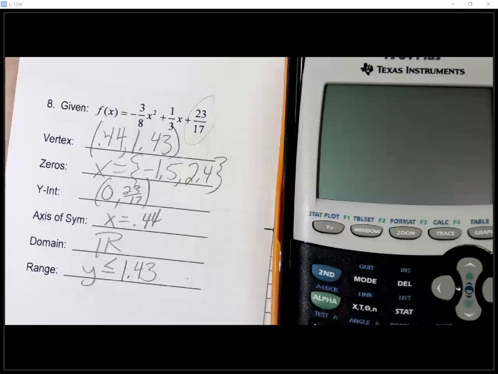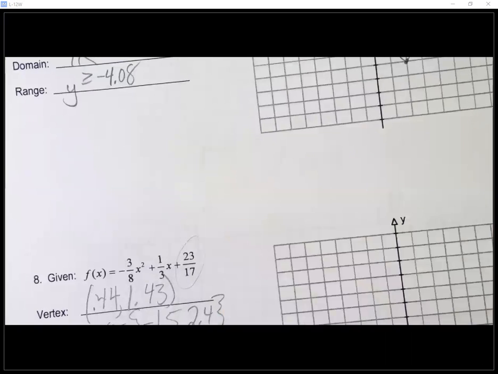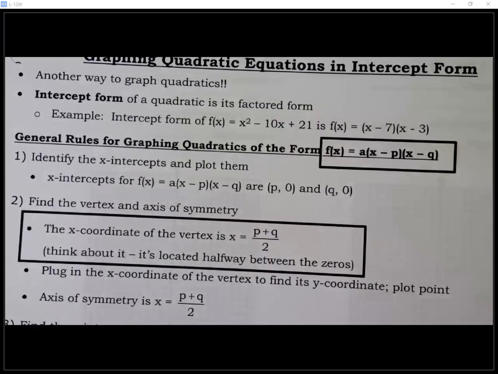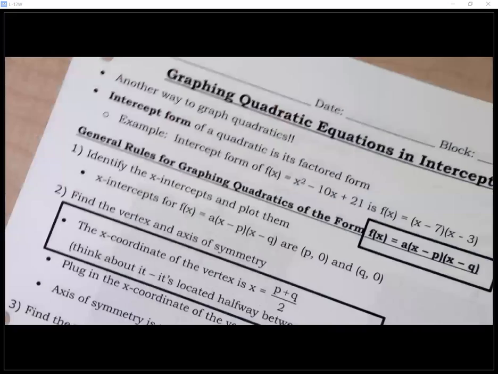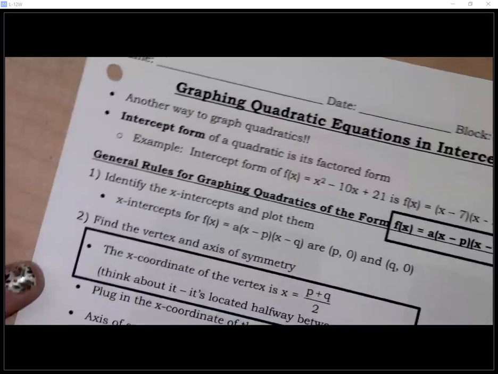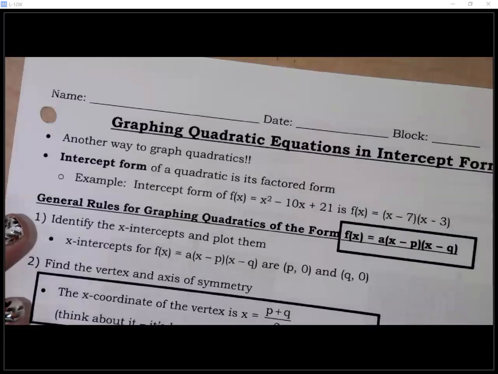Okay, so let's take a look at this sheet I just gave you. Okay, everybody. So there is one more form of a quadratic, and it's intercept form.